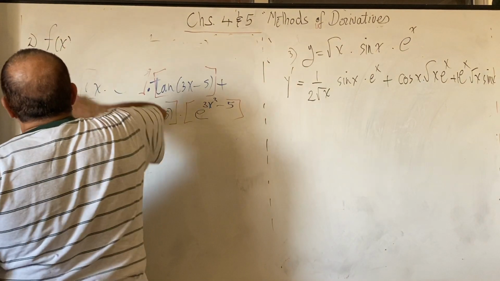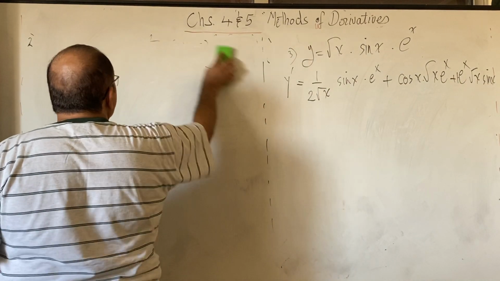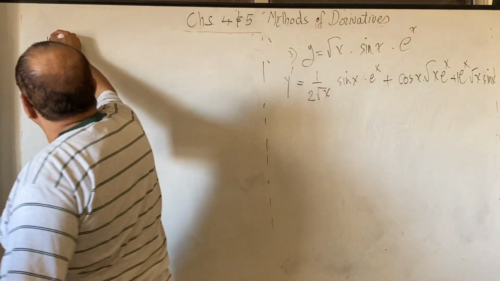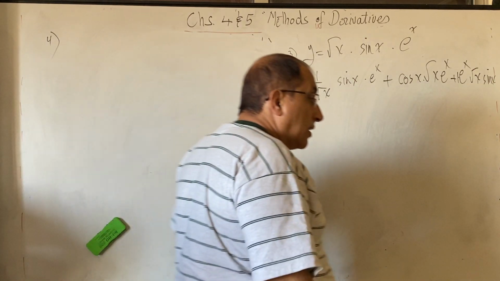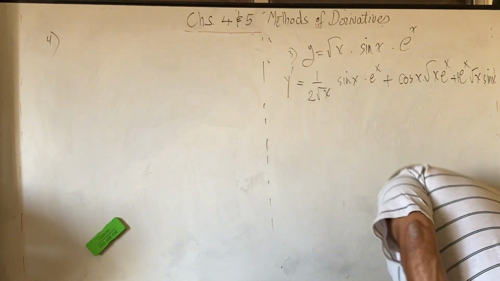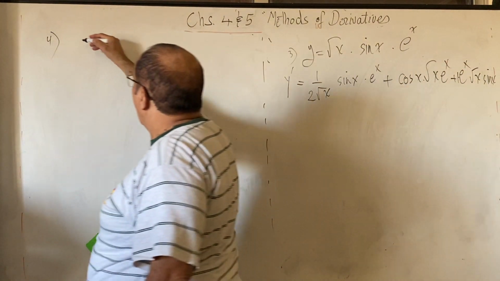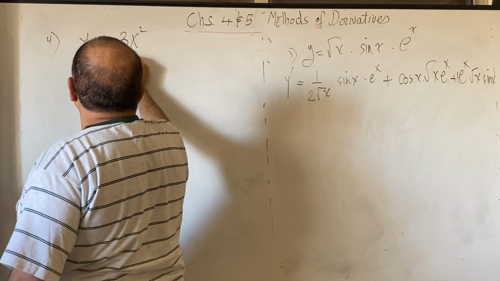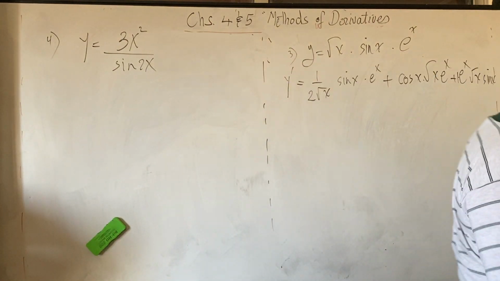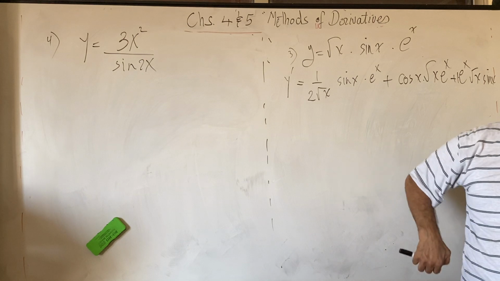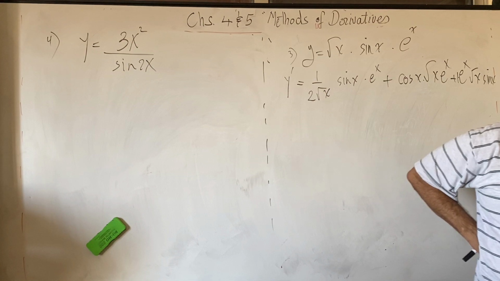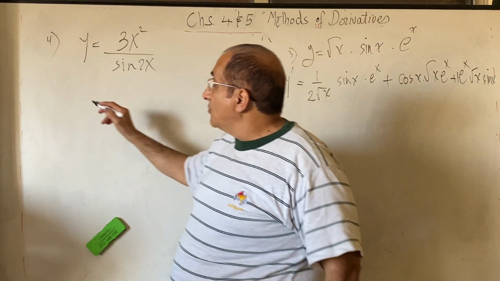Now, let me show you the following. Let's go to number 4. Take a deep breath. y equals 3x squared over sine 2x. What is this function? Is it something multiplied or divided? It's divided. So what happens when we have a rule that has division? It's very simple, straightforward.